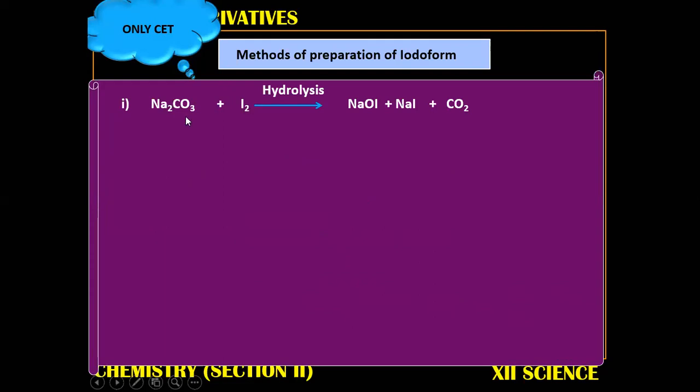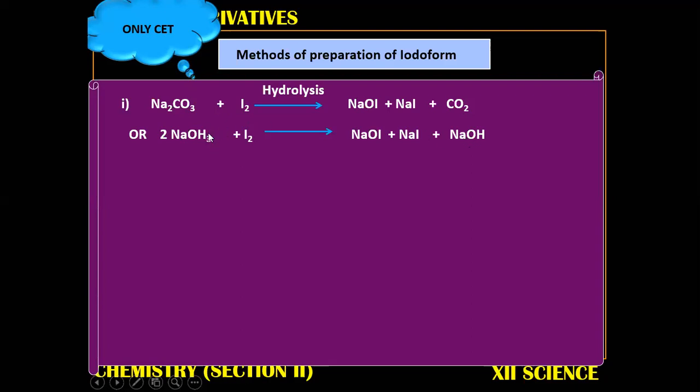Now in iodoform, you have to react sodium carbonate with iodine or sodium hydroxide with iodine. Any one of these. Both react with iodine to form sodium hypoiodite and sodium iodide. Here we get carbon dioxide and here we get NaOH.